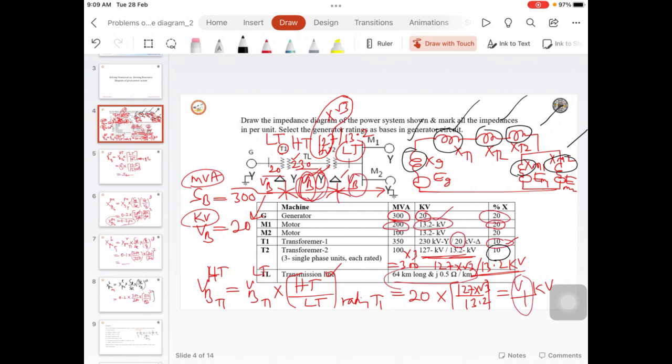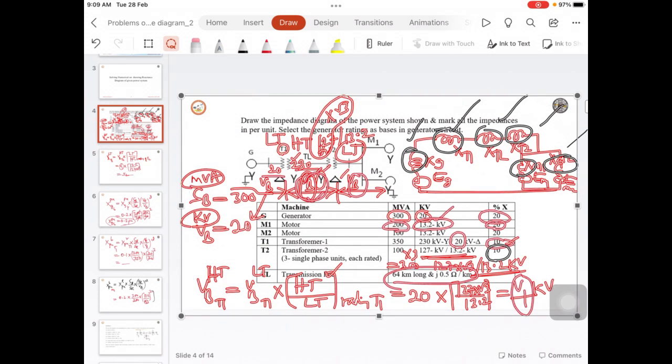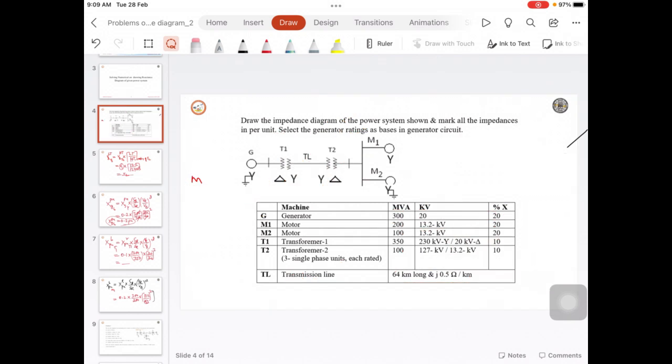If you neglect the resistances in the impedance diagram, you will get the reactance diagram, because in this problem, they are not given any resistances.